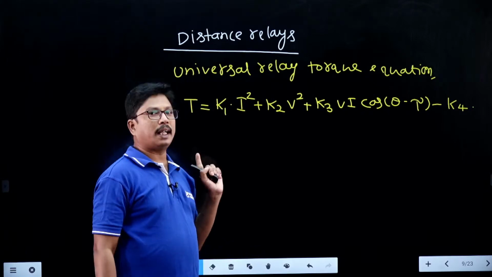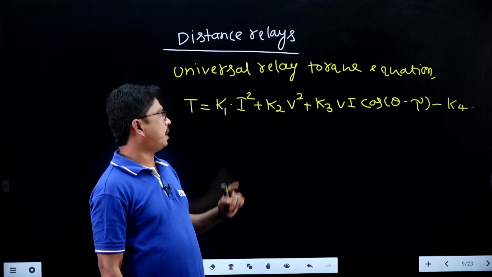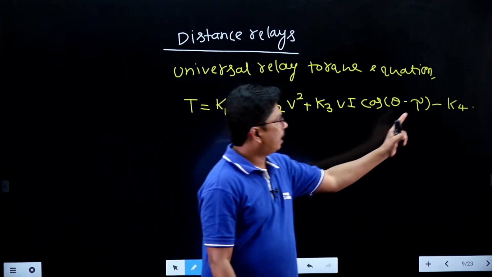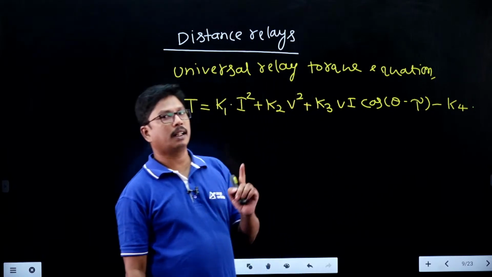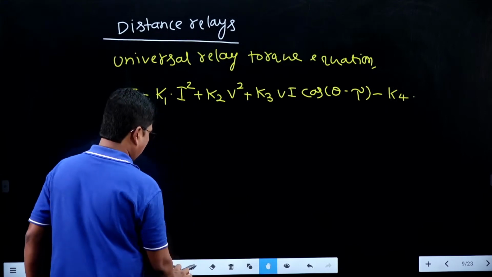So K1 I square is for over current relay, K2 V square is for over voltage relay, K3 VI cos(theta minus tau) is for directional relay, and K4 is the negative portion, the restraining portion. So that is the restraining torque we are having.